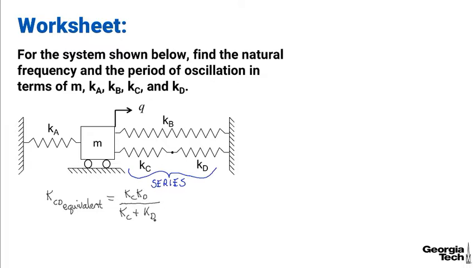Okay, and now we can see that k sub A, k sub B, and this new equivalent, k sub CD equivalent, are all in parallel. So k sub A, k sub B, and k sub CD are parallel springs.